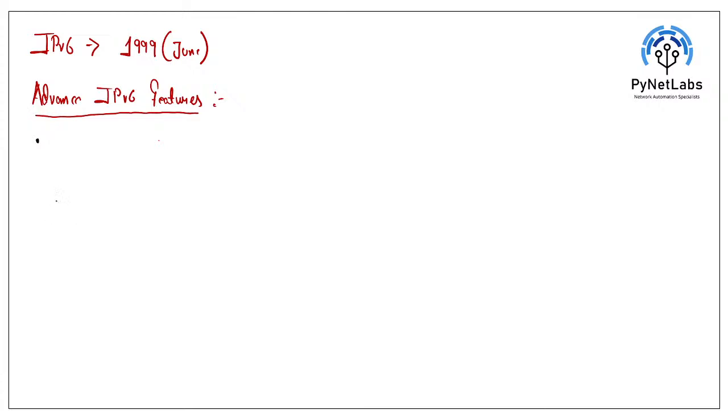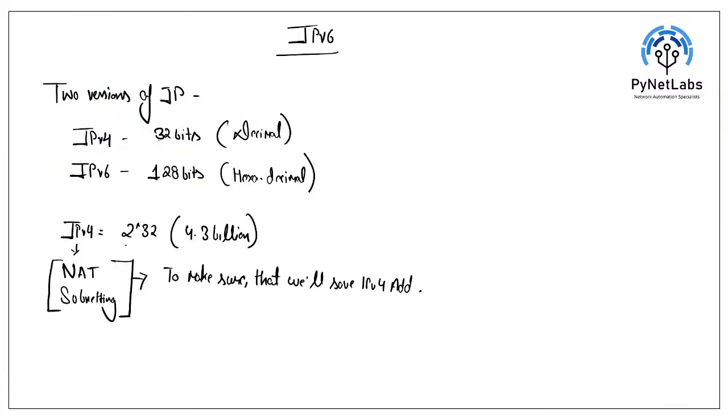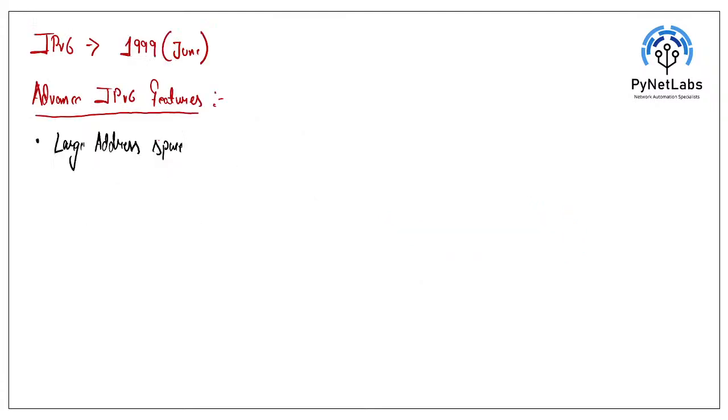The first advanced feature in IPv6 is that we always have a large address space. If you see the previous slide, IPv4 has 2 raised to power 32, which gives us 4.3 billion addresses. But with IPv6 we have 2 raised to power 128, so technically we have addresses in trillions, where every person can survive with one single IP.